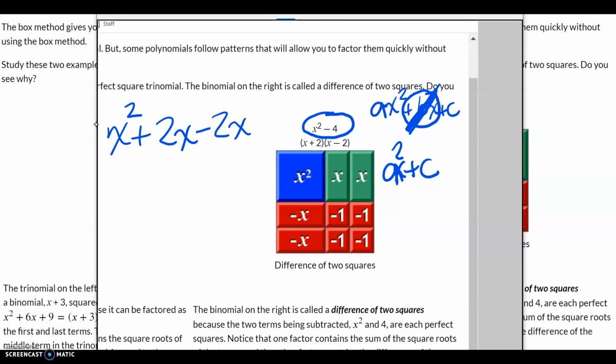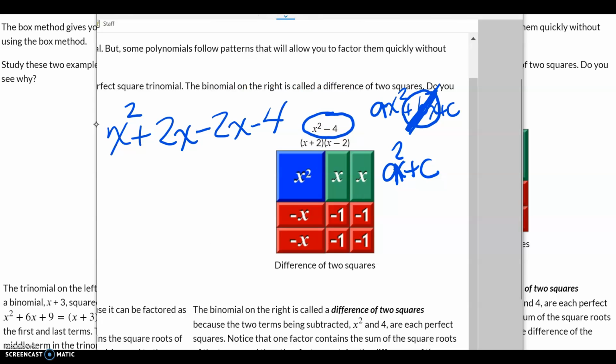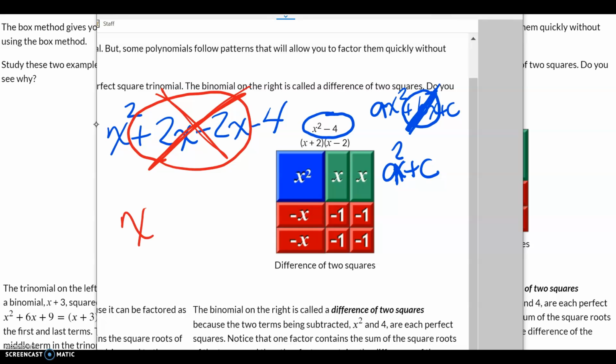And then the last, 2 times negative 2 equals negative 4. So these two terms right here cancel each other out, the plus 2x and the minus 2x, to where they're no longer there. And we get left with x squared minus 4.